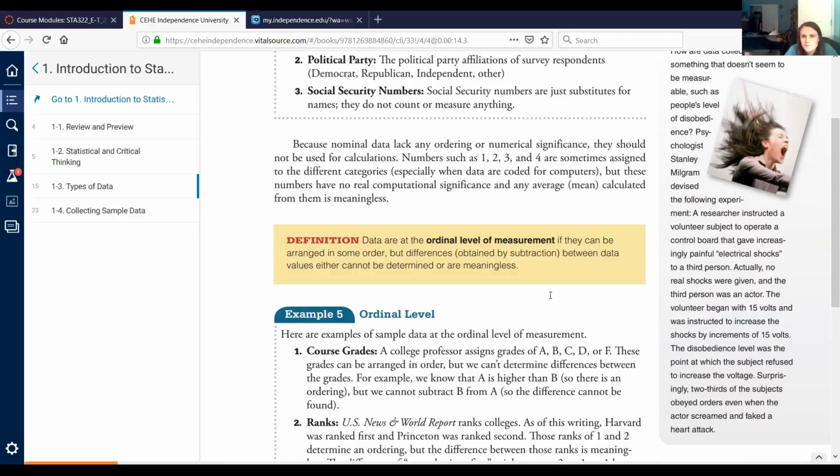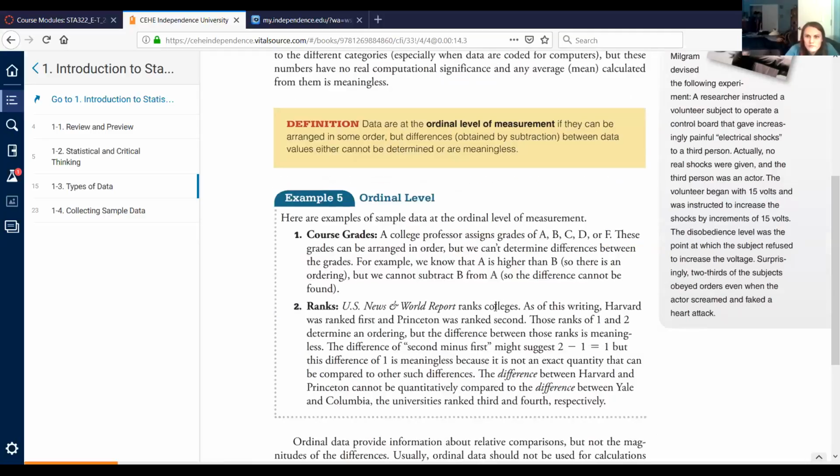are meaningless. Course grades are a good example. We do have A, B, C, D, and F as grades, and we can arrange them in order, but we can't determine any difference. We can't subtract a B from an A, for instance, or the other way around. Ranking. When we order a ranking of favorites, it's in order, but what's the difference?